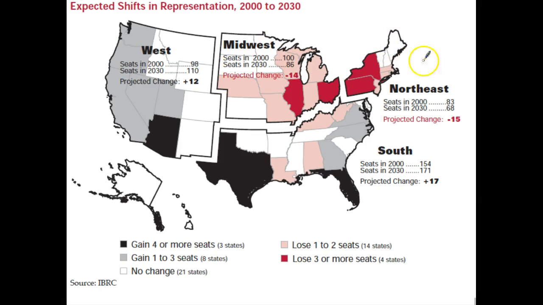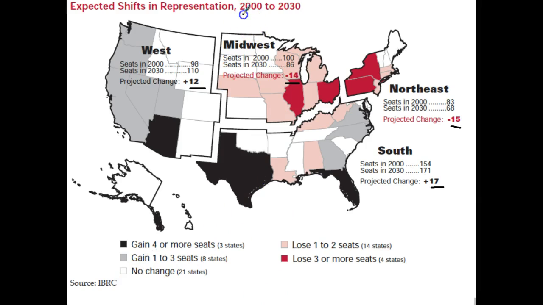You'll notice that the Northeast and the Midwest are expected to lose about 29 seats. Now, what does that mean? Well, it means that the southern states are going to gain power, increasing about 17 seats. The West is projected to increase by 12 seats.